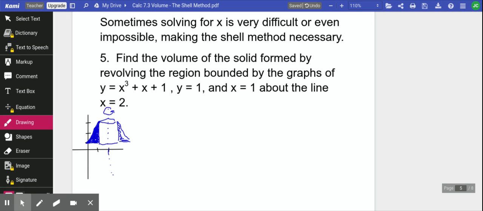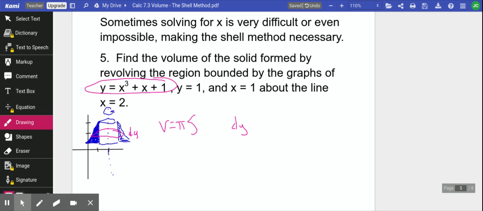All right, so what we want to do is find the volume of this. So if we're thinking about doing the washer method, because it has a hole in it, we would slice perpendicular. And the thickness of those are in the y direction. So if you wanted to use your washer method, it would have to be in terms of y. So you would do pi and then everything dy. Now, in order to do that, that means this thing would have to be solved for x so that it's in terms of y.